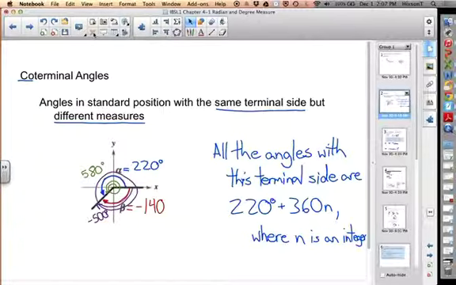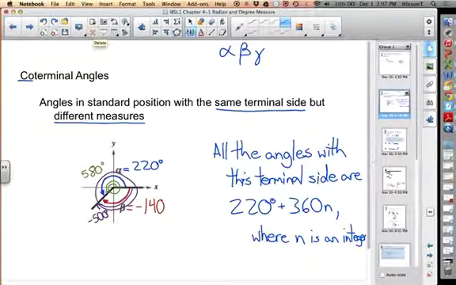You might see the alpha, or the beta, or the gamma, not usually a delta, but you might see a theta, or you might even see a phi, something like that. You might see those as angles. They're just Greek letters. If you see a weird symbol, chances are it's a Greek letter that they're using to name an angle.